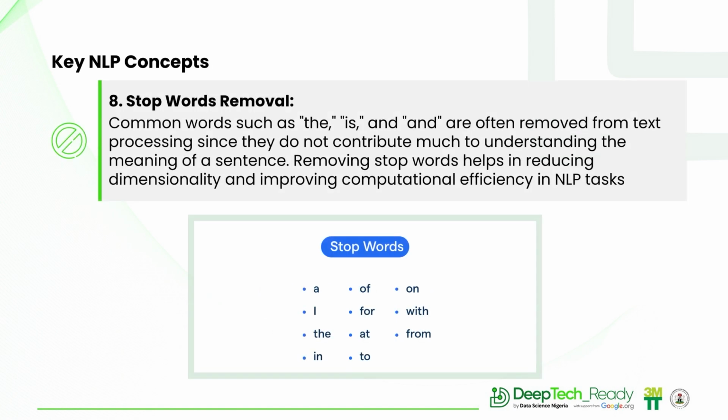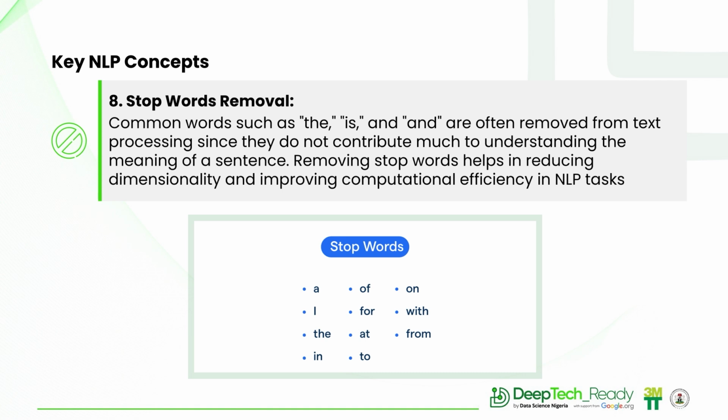Then we have one of the most used concepts in NLP, which is stop words removal. Stop words are very common words like the, is, and. In many NLP tasks, these words don't add useful meaning and can be removed to simplify the dataset and reduce processing time.